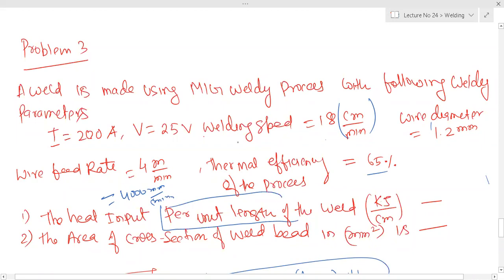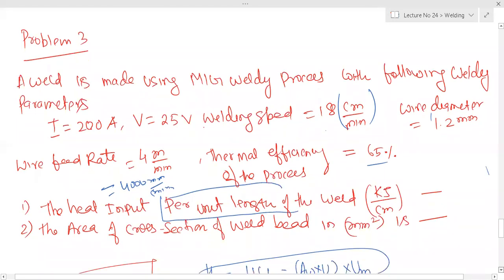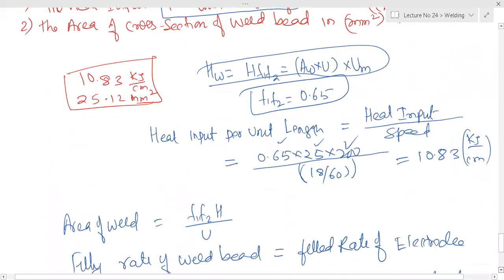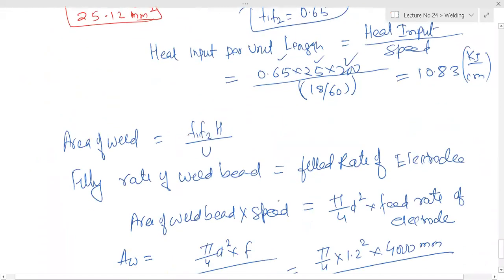The answer is in kilojoule per centimeter. Because L by T is your welding speed, we have already discussed. L is the length of the weld.